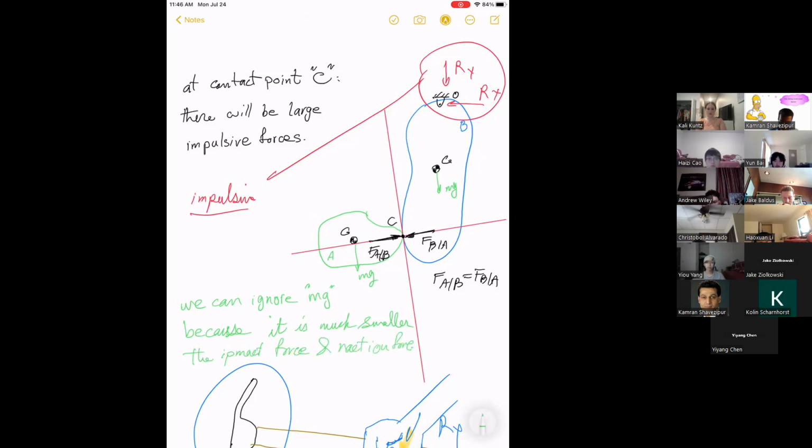But you cannot ignore the reaction forces Rx and Ry. Is this concept clear now?